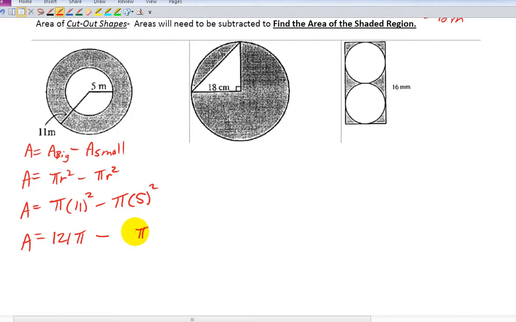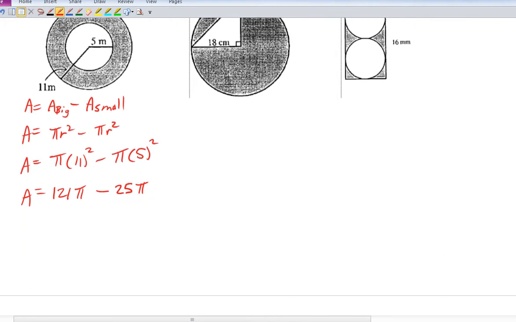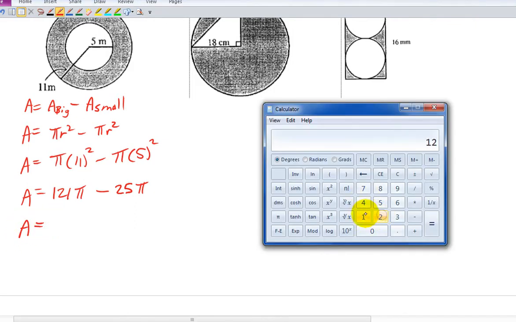Josh? 25. So if your mom made you 121 pies and you ate 25 pies, how many pies would there be remaining? What would you do to figure that out? Take 121 and subtract 25. You're only dealing with those numbers.